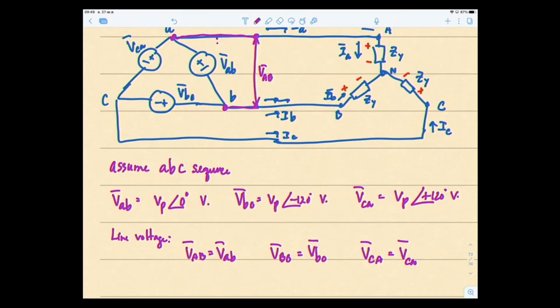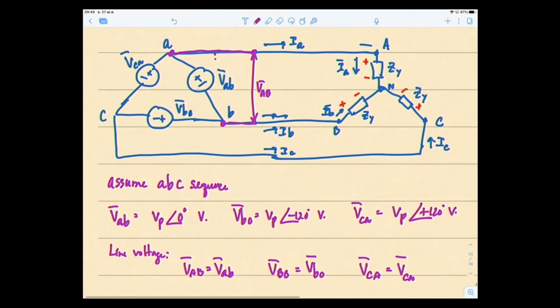So what about the line current and the phase current? To find the line current in this case, I'm going to do the KVL of this loop.